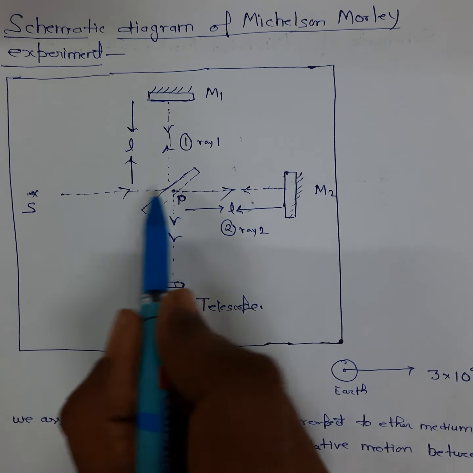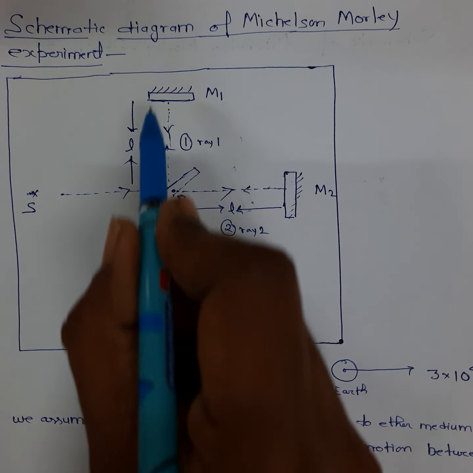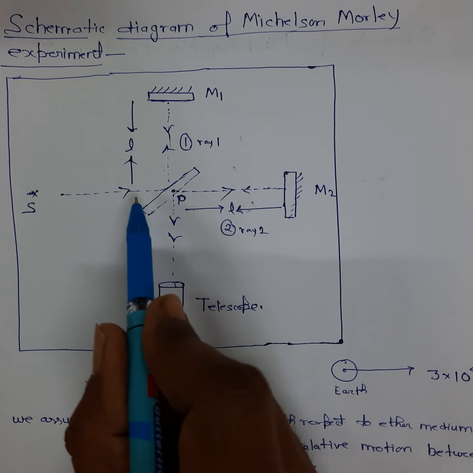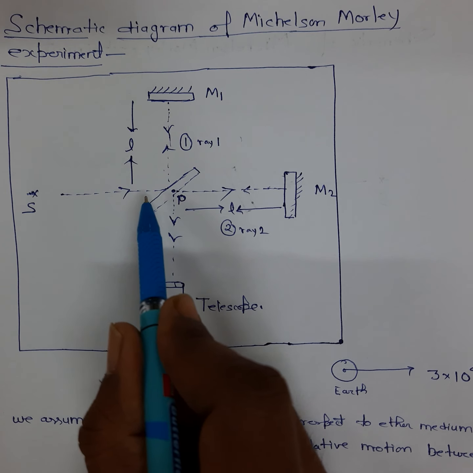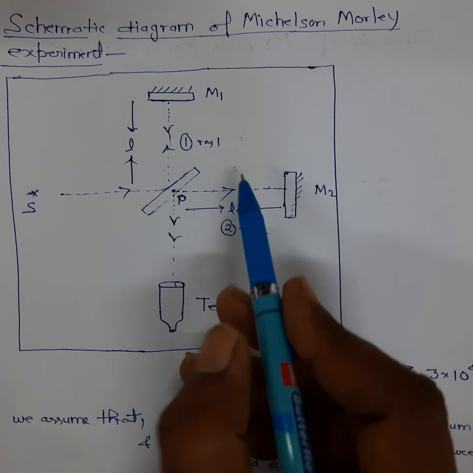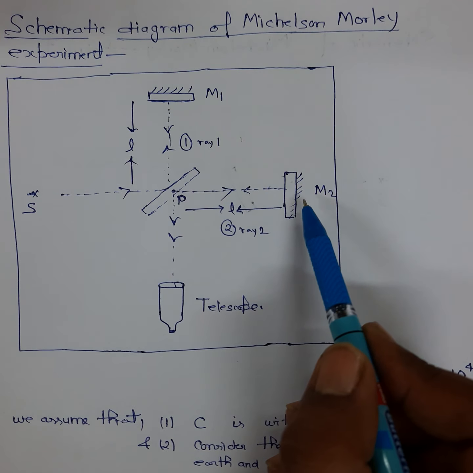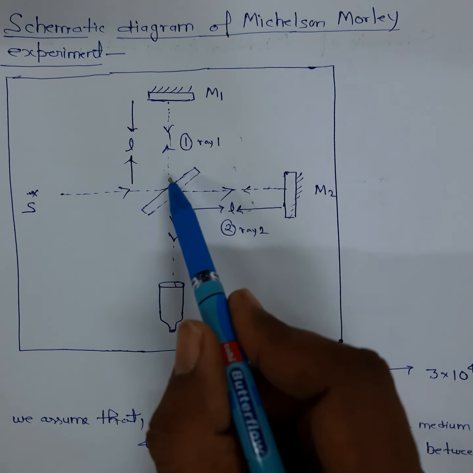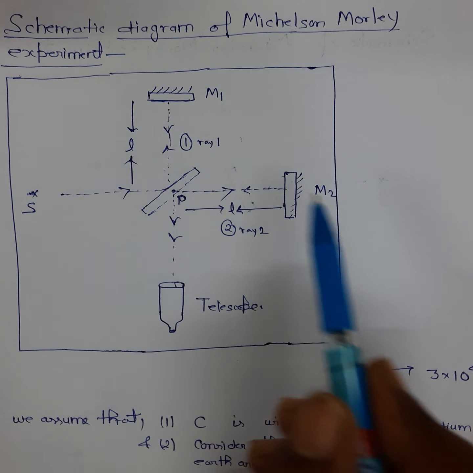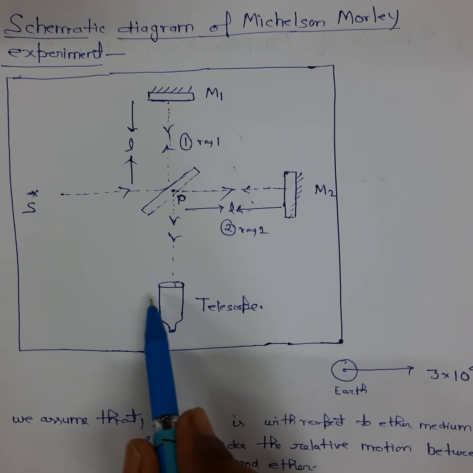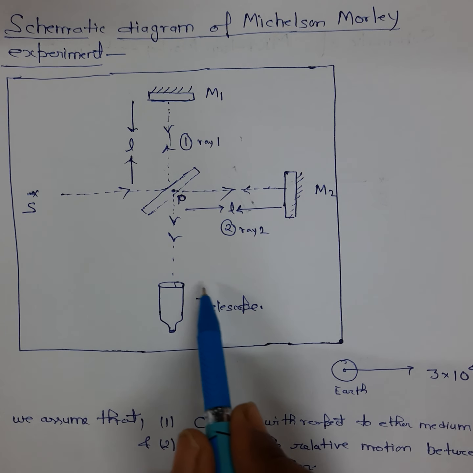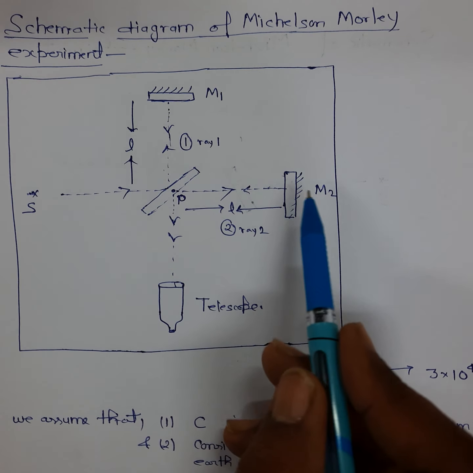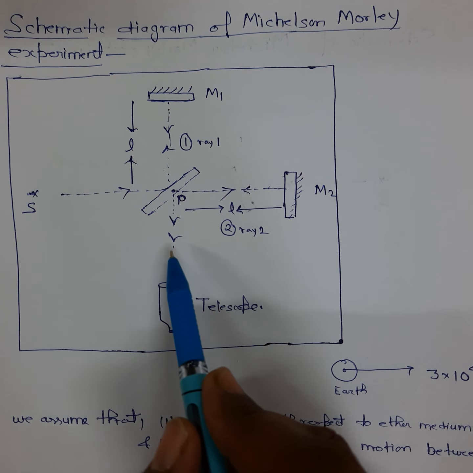So 50% of the beam is reflected at 90 degrees and 50% of the beam is transmitted through this beam splitter. M1 and M2 are polished mirrors. The purpose of the mirror is to reflect back the light beam. Here is the telescope. The purpose of the telescope is to see the interference between the two beams.